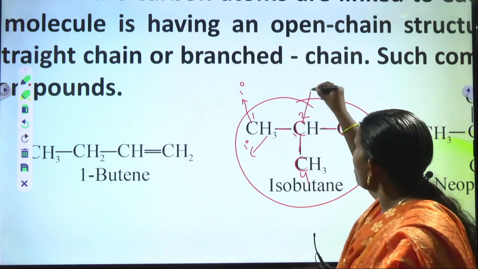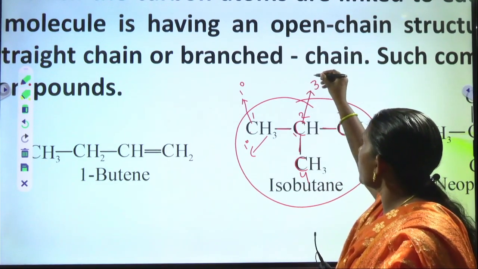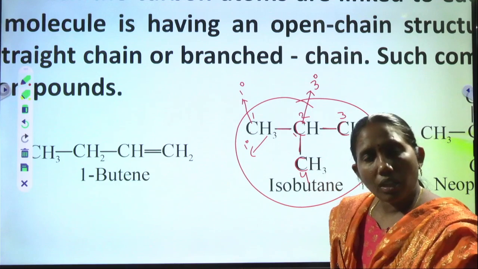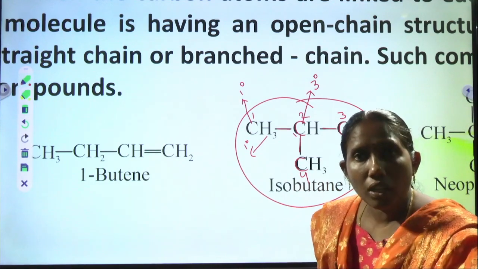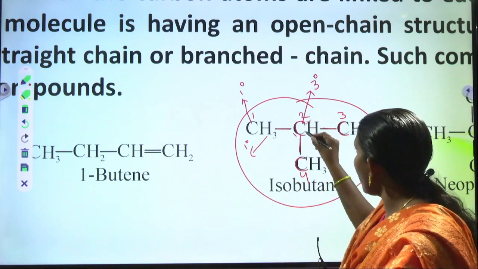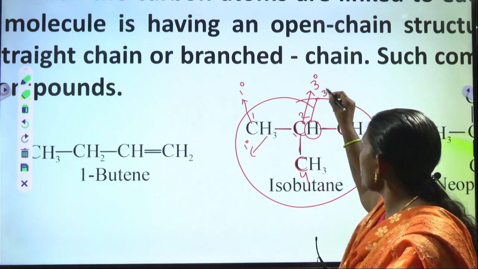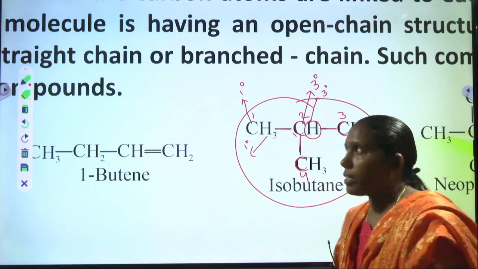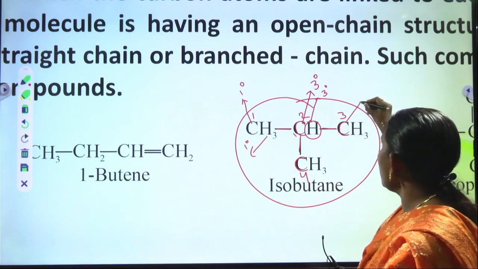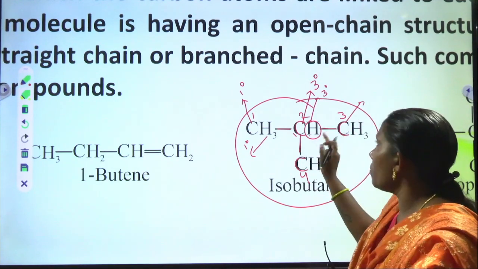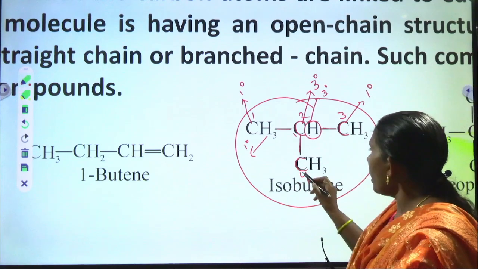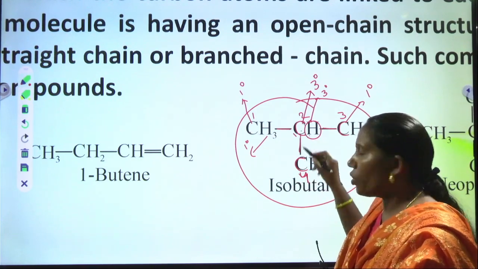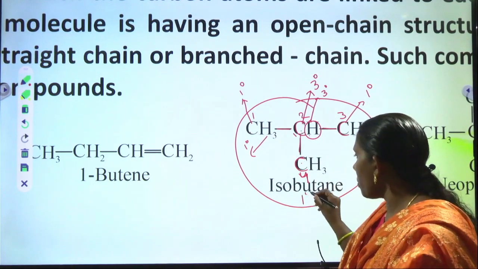Then this carbon is said to be tertiary carbon, right? And that hydrogen is also known as tertiary hydrogen. Comes to the third one, it is attached to only the second one, so it is primary. And the fourth carbon is attached to only the second carbon, so these are called primary carbons.